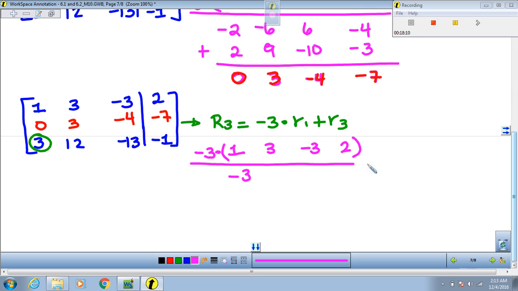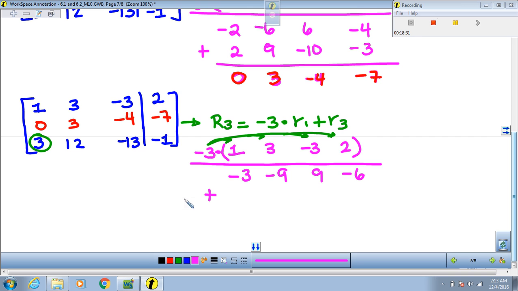Sorry, I forgot to draw the line. Negative 3 times 1, negative 3. Negative 3 times positive 3, negative 9. Negative 3 times a negative 3, positive 9. And negative 3 times a positive 2, negative 6.